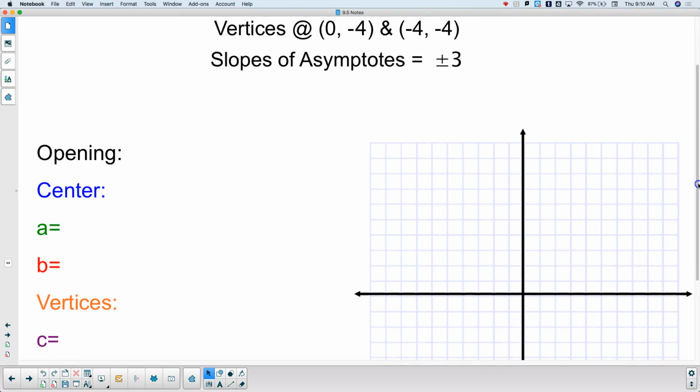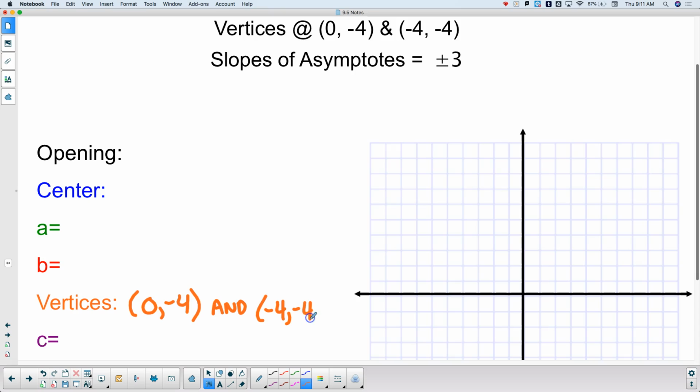So we know already that the vertices are at (0, -4) and (-4, -4).